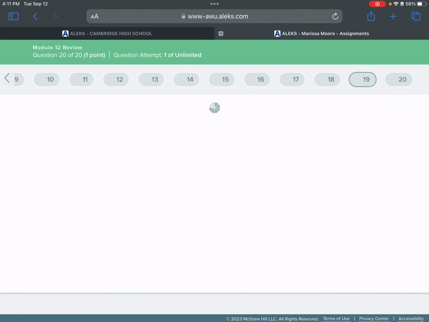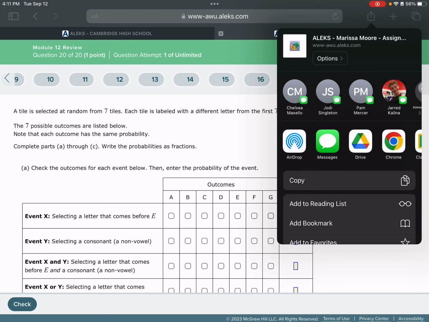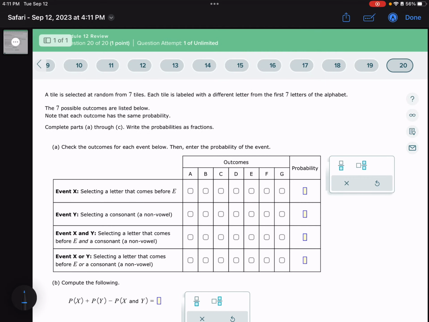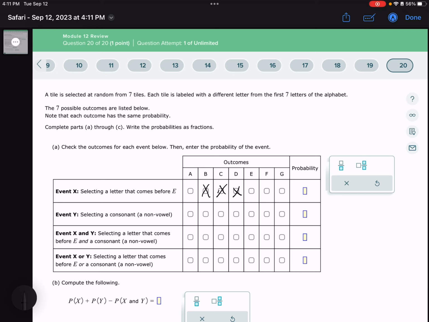Last question, question number 20. And let me go to the markup. So first one here is the letters before E. I'm not including E, I just want what's before E, and I have 4 out of the 4, 5, 6, 7 options.